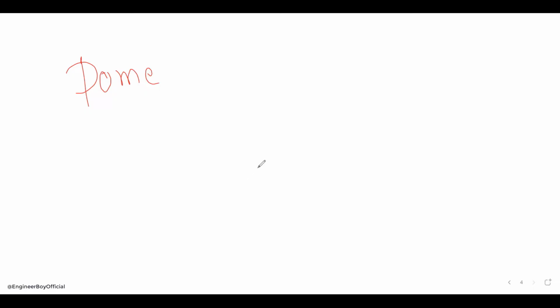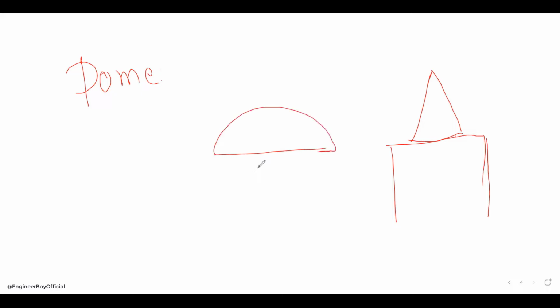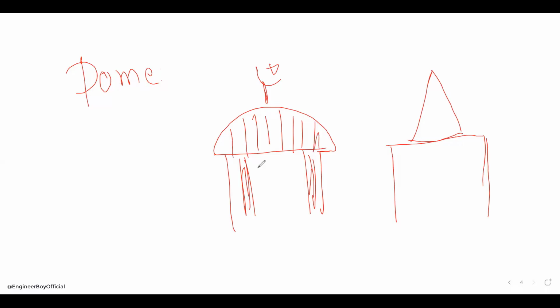You may have seen many domes around your area, maybe in masjids, maybe in mandirs. In mandirs, they may use something like this, like a cone or maybe a pyramid. However, in masjids, we may have experienced domes like this, and maybe in different residential buildings, maybe in other buildings. So it means that we have domes in our structures. Then how can we determine the quantity of a dome?